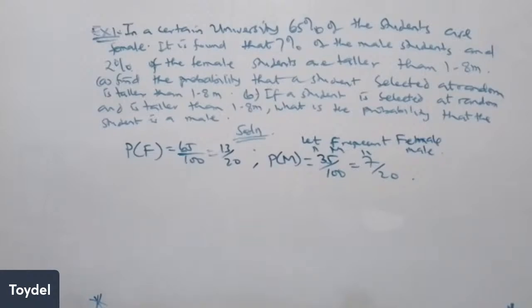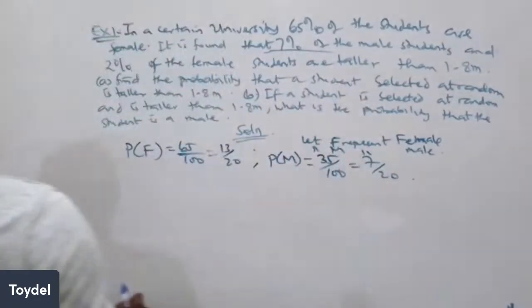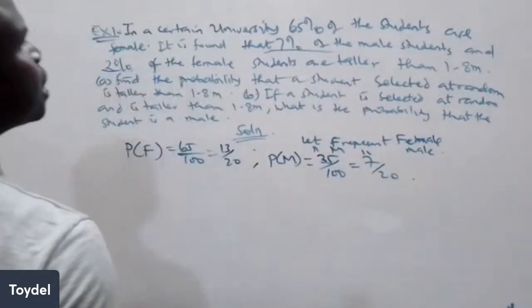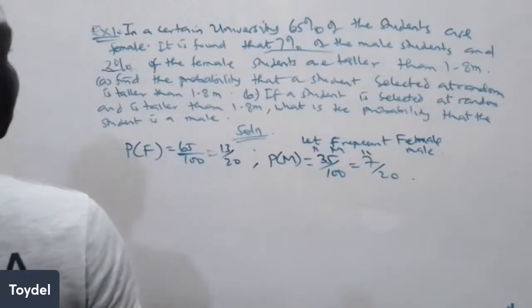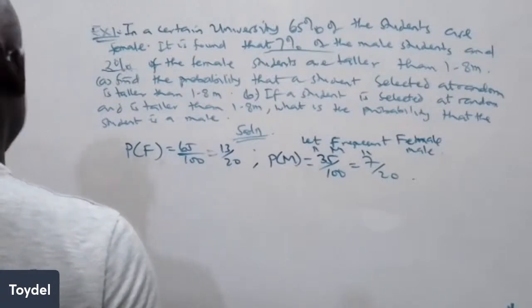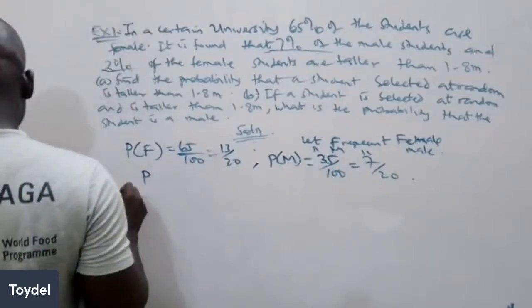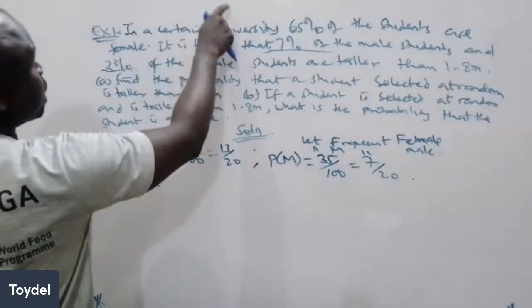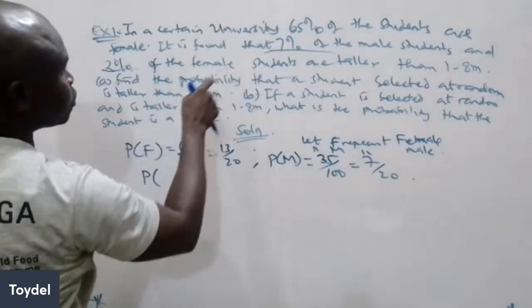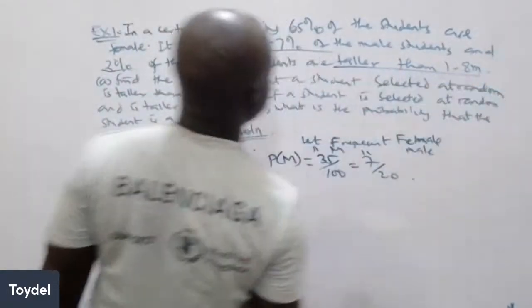Not only that, we are also given that it was found that 7% of the male students and 2% of the female students are taller than 1.8 meters. We know the probability of male and female in that school. Another concept is being taller than 1.8 meters.